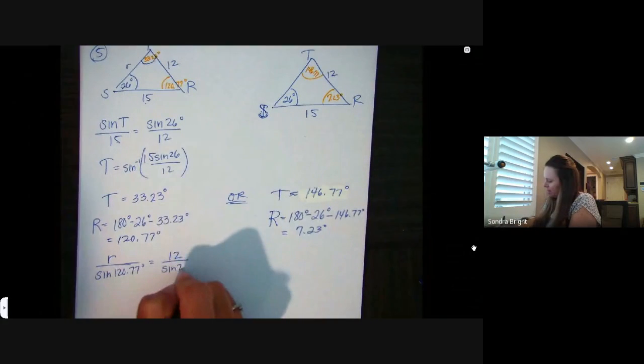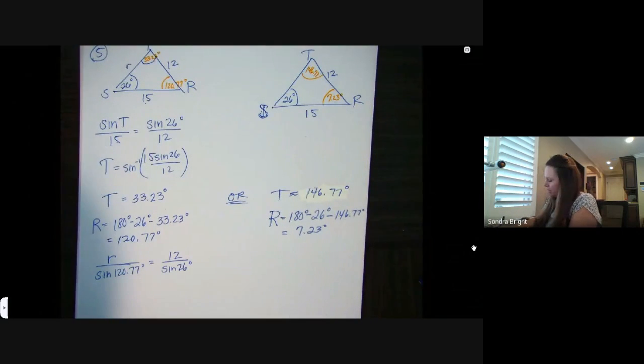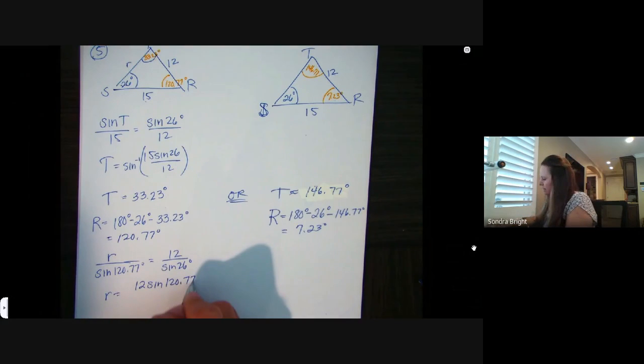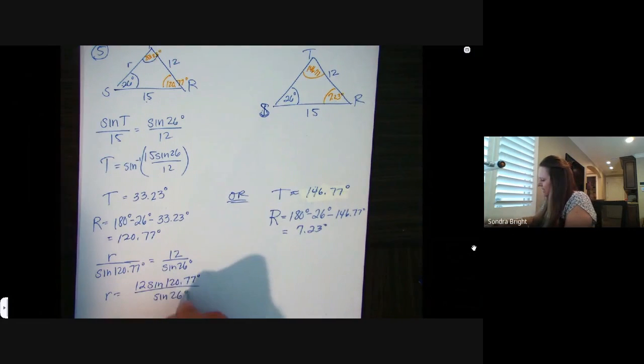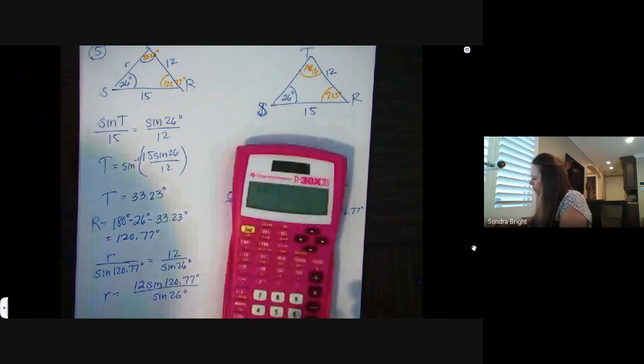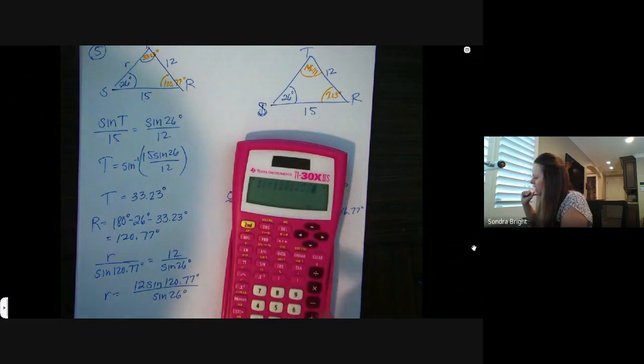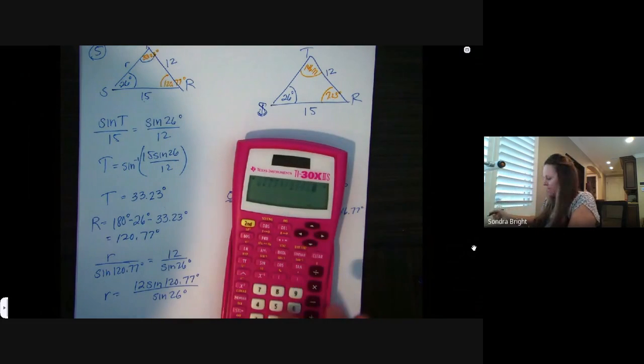And so R is equal to 12 times sine of 120.77 over sine of 26. Let me put that in. 12 sine 120.77 in parentheses divided by sine of 26, and you got 23.52.